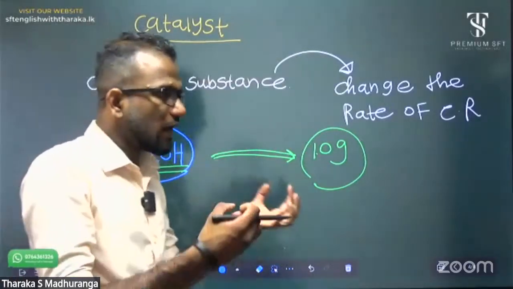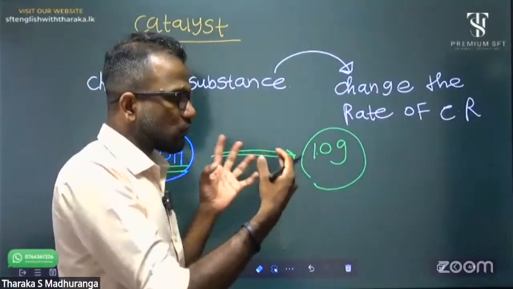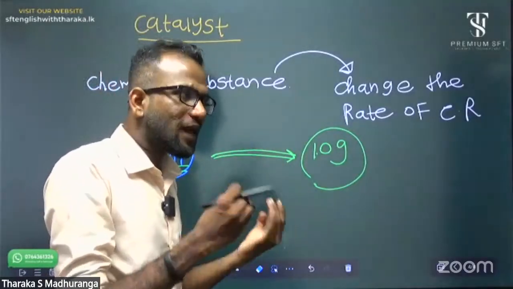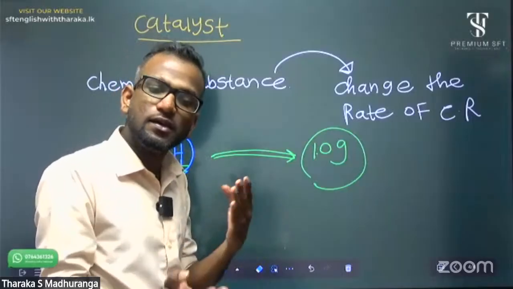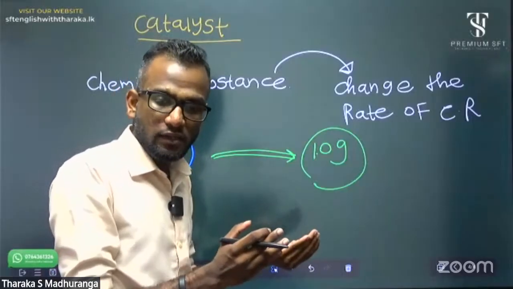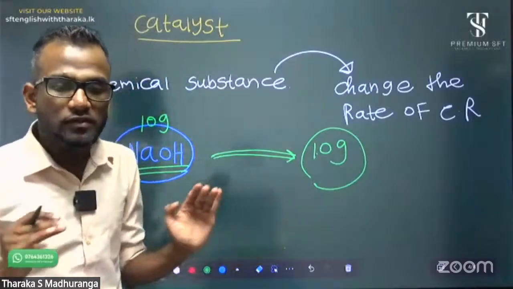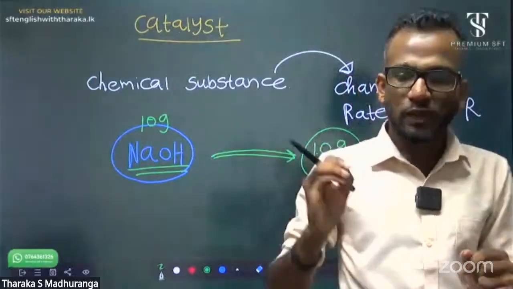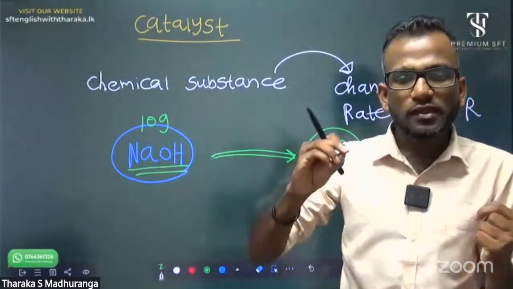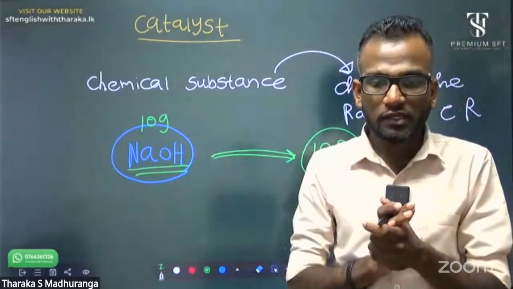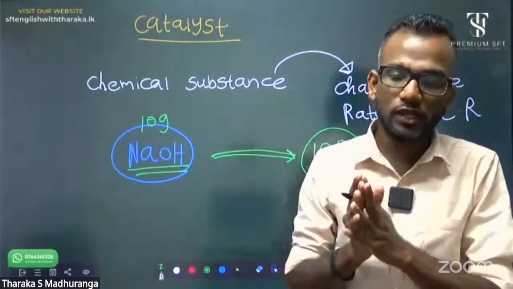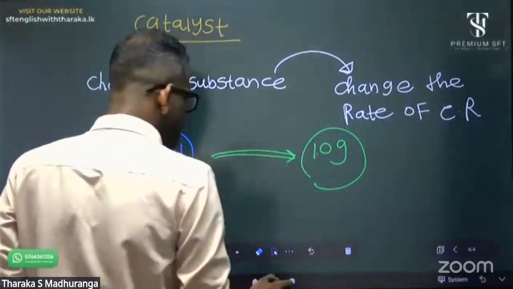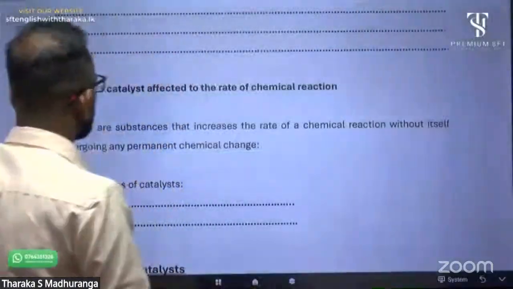If it reacts with other reactants, it's not a catalyst, it's a reactant, right? These catalysts are special chemical compounds that change the rate of chemical reactions but without participating in the reaction, without any chemical conversion, right?